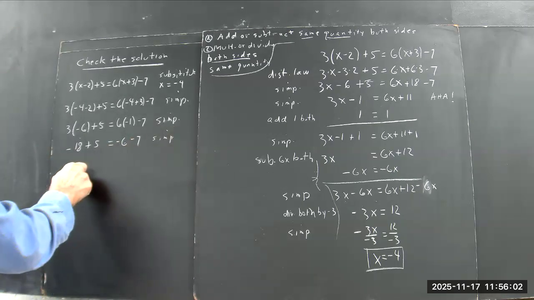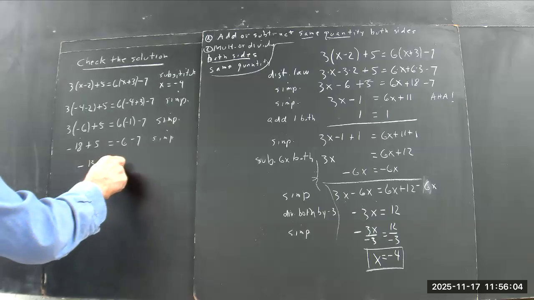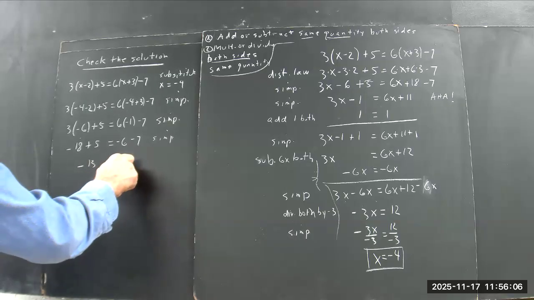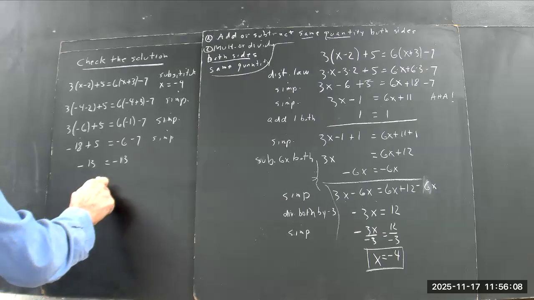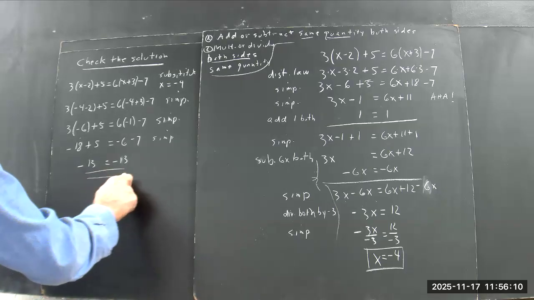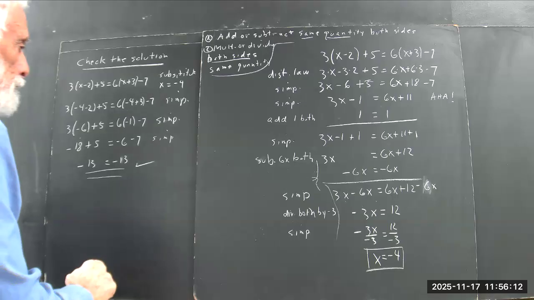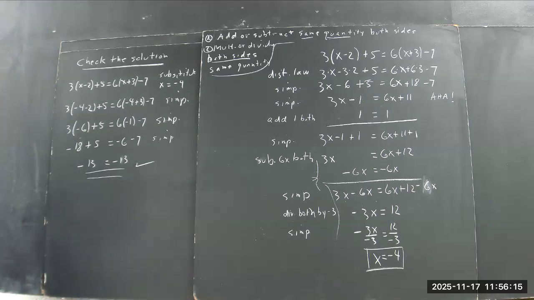And we simplify again, we get negative 13 equals negative 13. Put a big underline and a check mark. Yippee, hooray, whatever it takes to express your joy in having solved this problem correctly and in detail.